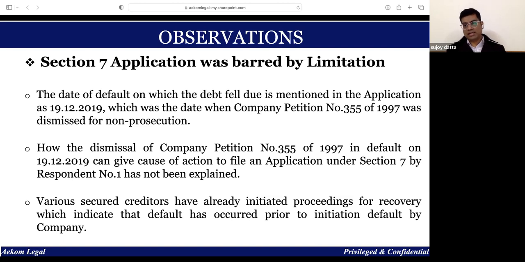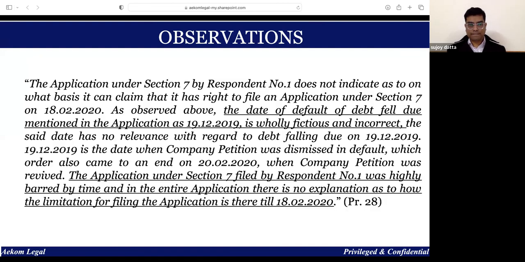And how it gave rise to this cause of action, the petitioner has not even tried to explain. And in this matter, in fact, in the 1990s only, the DRT had given decrees to several of the banks. So clearly the cause of action, the default, had arisen a long time ago and was not really something which is happening in 2019, as was sought to be shown in the petition.